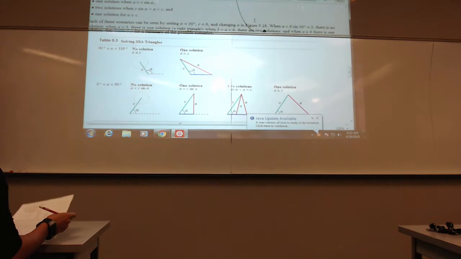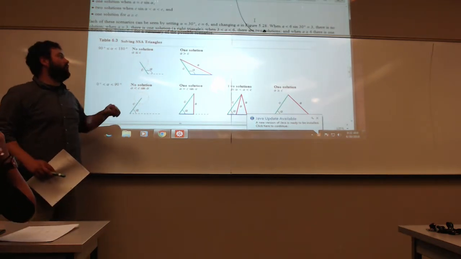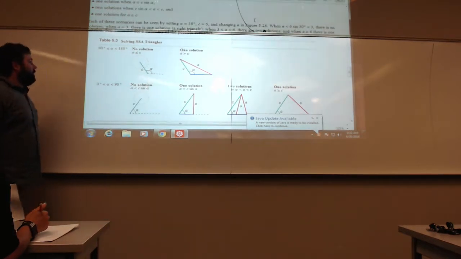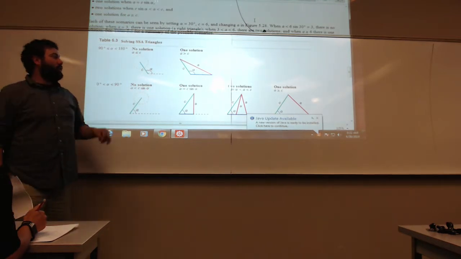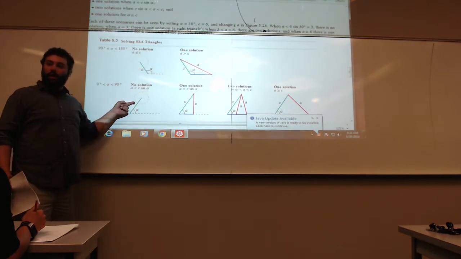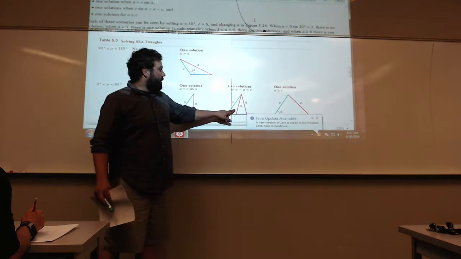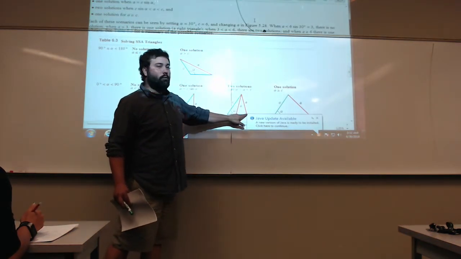In the case that the given angle is obtuse, between 90 degrees and 180, there's two possibilities. You might not be able to form such a triangle, or there is at most one possible triangle solution. And in the case that the given angle is acute, there's actually three different possibilities. You might not be able to form a triangle, there might be one solution, or there might be a way to take side A and form it in two different ways.